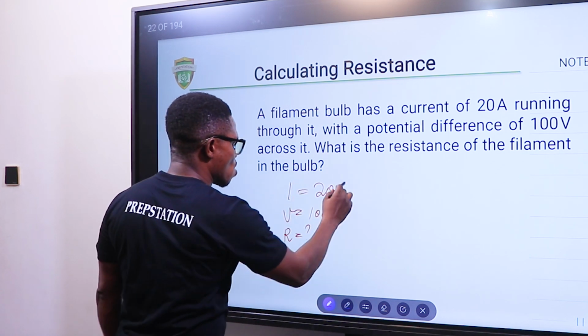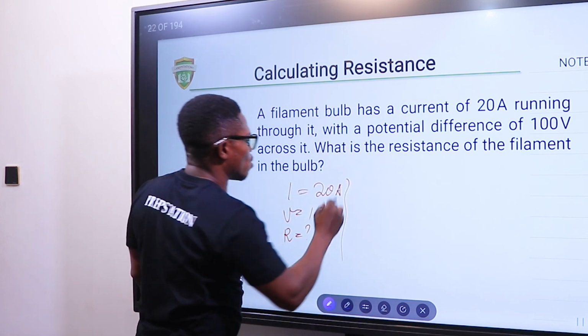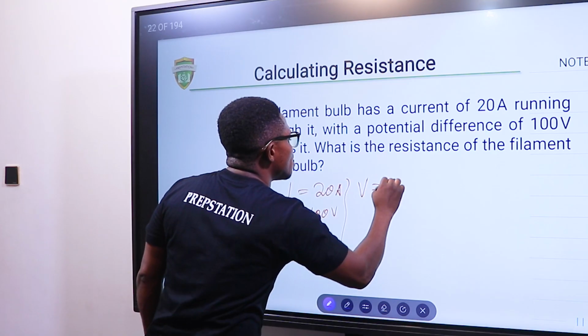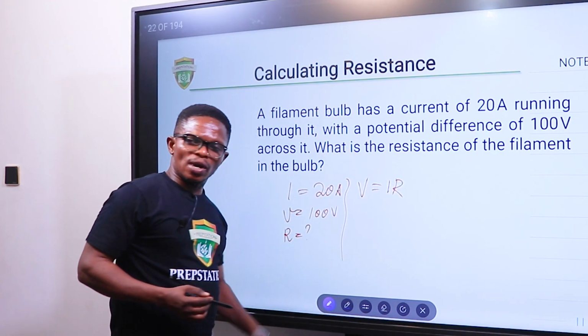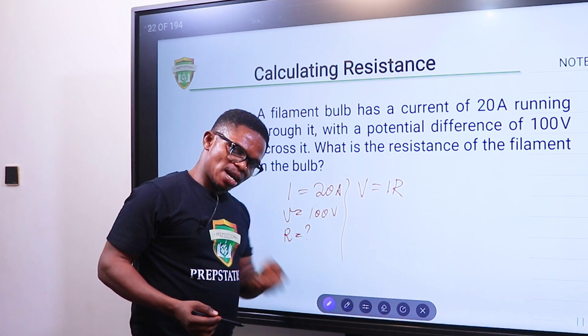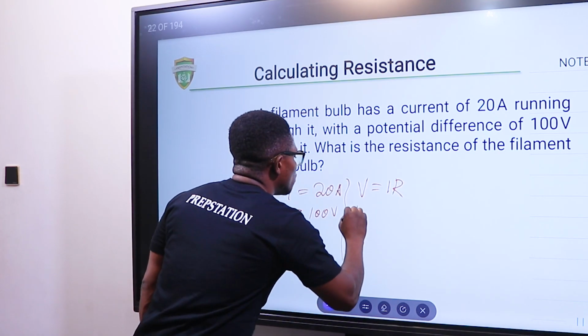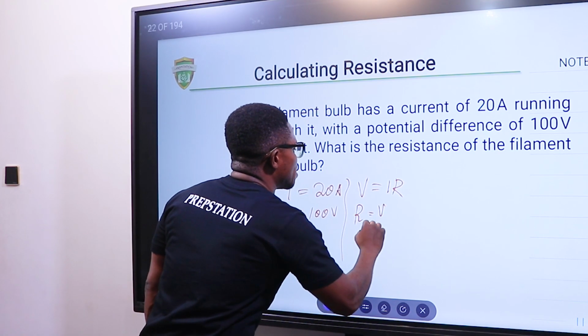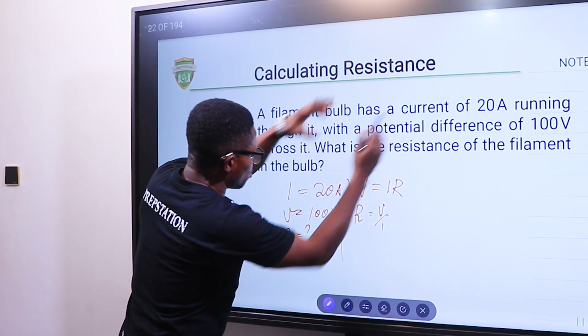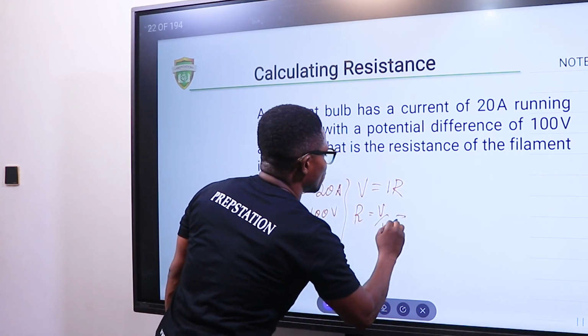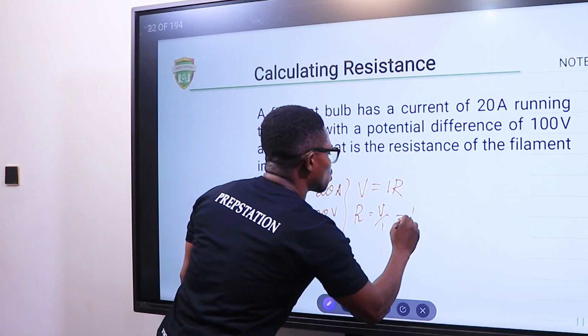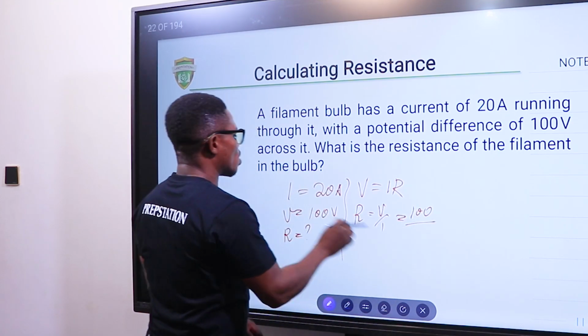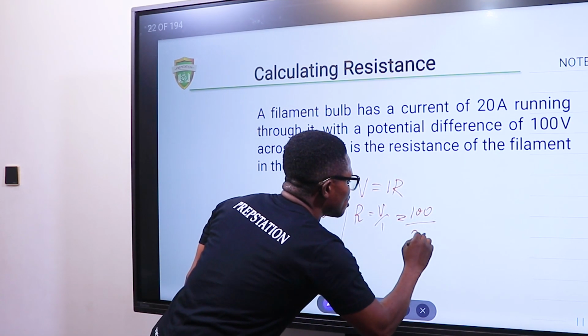Now, which formula will handle this? Simple, Ohm's law, V equals IR. Since we are looking for R, make R the subject of the formula. So R will be equal to V over I. Now substitute the values. V is 100 volts over I, which is 20 amperes.